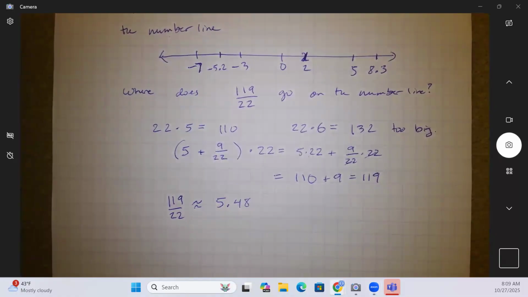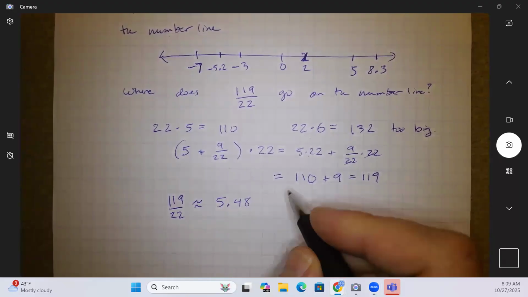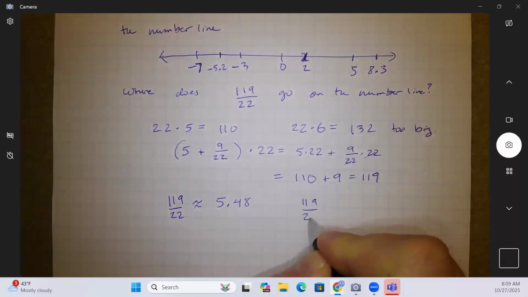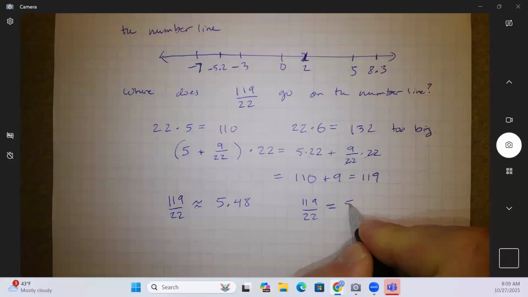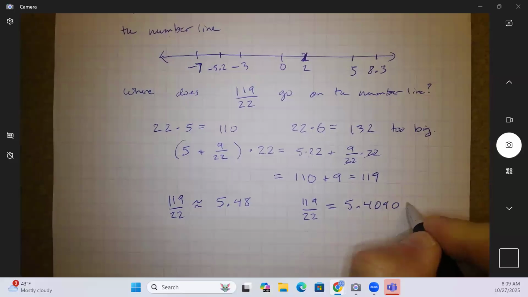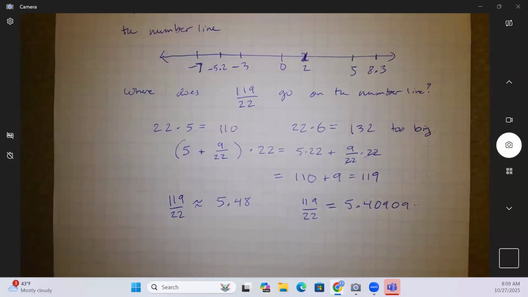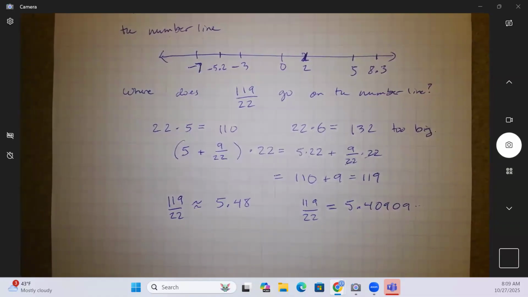Of course, if you want an exact answer, we do live in the age of calculators. And according to the calculator, it's actually 5.40909 forever and ever. So I was pretty close, but close enough to know where to put it on the number line.